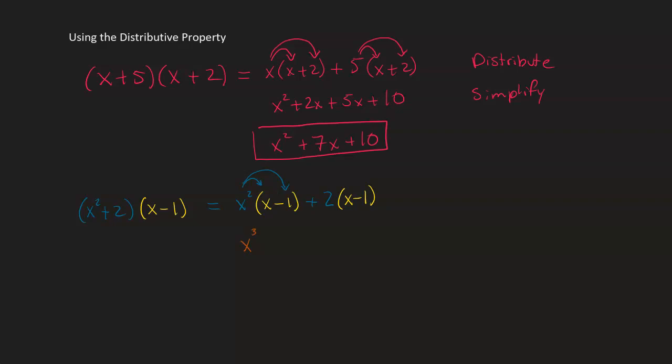X squared times minus 1, which I can think of as negative 1, becomes minus x squared. Okay, now I'm going to do the second operation, the 2 times the x, and then 2 times negative 1. I bring down the addition sign right here in the middle. 2 times x becomes 2x. And 2 times negative 1 becomes negative 2.